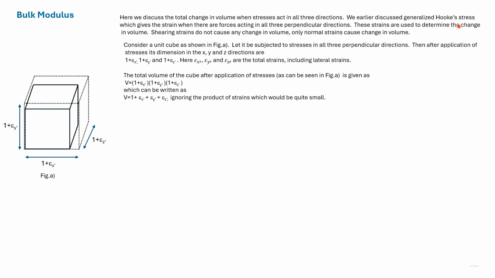Considering that the product of strains is very small, so epsilon x dash into epsilon y dash will be very small, we get V as 1 plus epsilon x dash plus epsilon y dash plus epsilon z dash. Since the initial volume was 1, the change in volume is epsilon x dash plus epsilon y dash plus epsilon z dash.